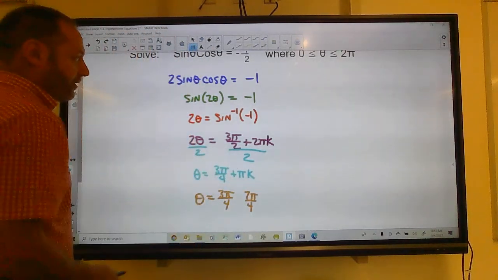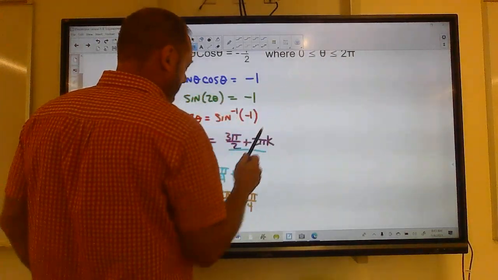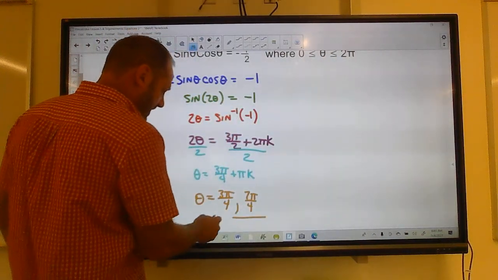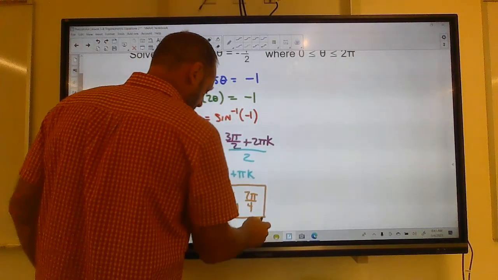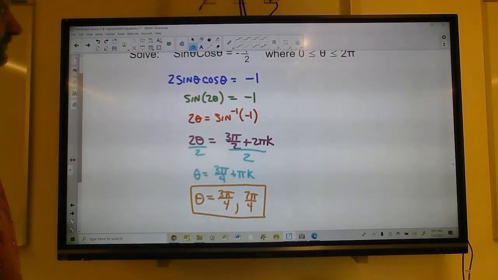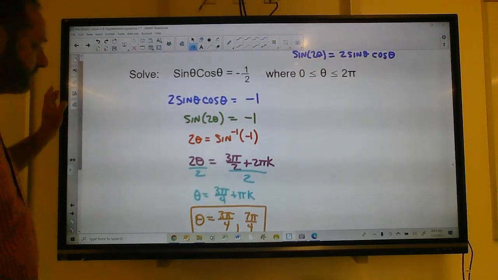And then if I add another 4 pi over 4, that's 11 pi over 4. That's too big. That's bigger than 2 pi. So this has 2 solutions. So there we go.